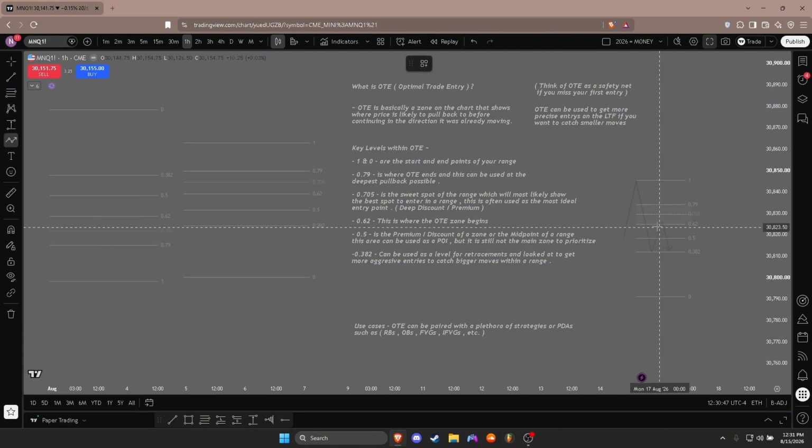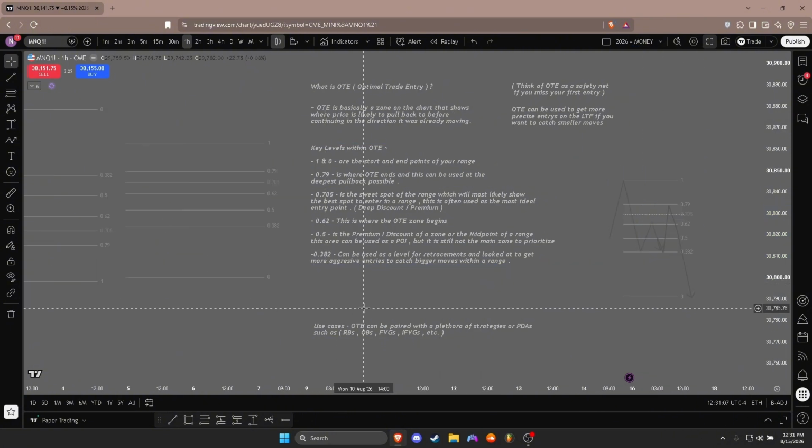Sometimes price may react off this level, bounce, and you could get a quick little trade, but these other levels like the 0.79 to 0.705, 0.62 may react, and then that'll be the move.